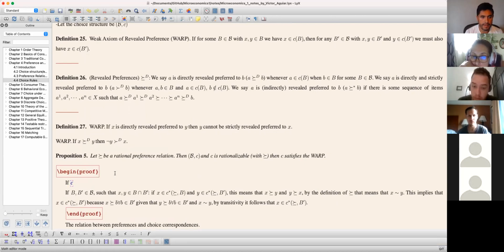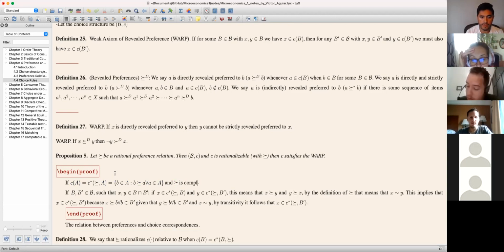So if C of A is rationalizable, it means that it's equivalent to this C star of the preference relation in the menu A, which is exactly equal to B in A, such that all the alternatives B here are better than A for all A in the menu, right? And this preference, as we know, is complete and transitive. Okay.